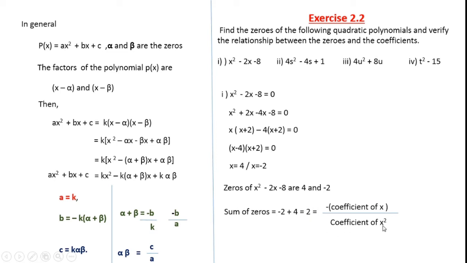The coefficient of x square is 1. The product of zeros, minus 2 into 4, is minus 8. See here, minus 8 is the constant term by coefficient of x square. The constant term is minus 8 and the coefficient of x square is 1.